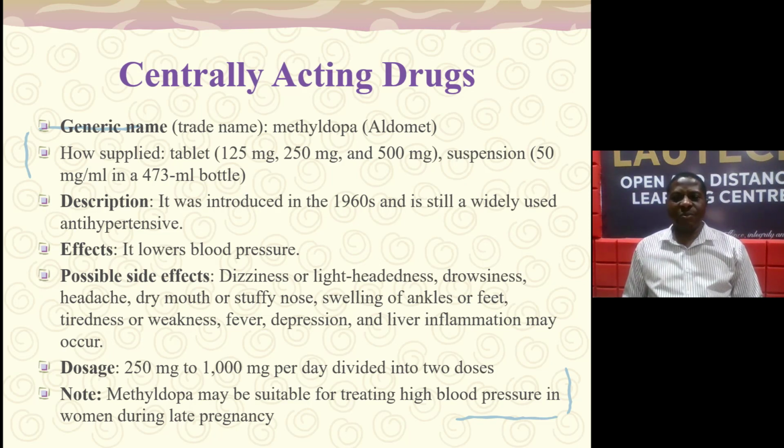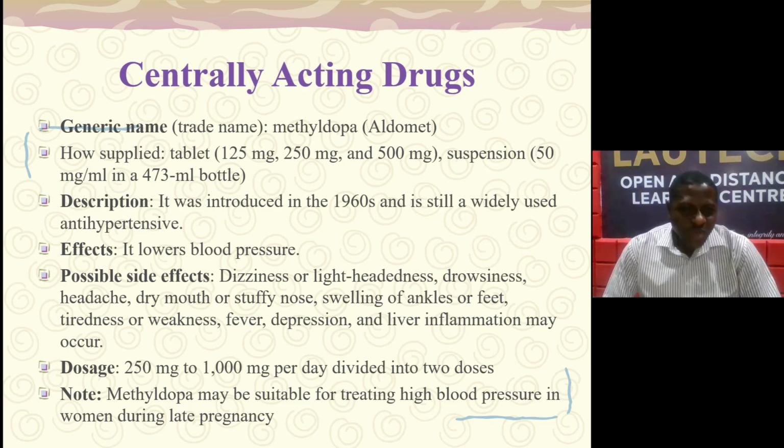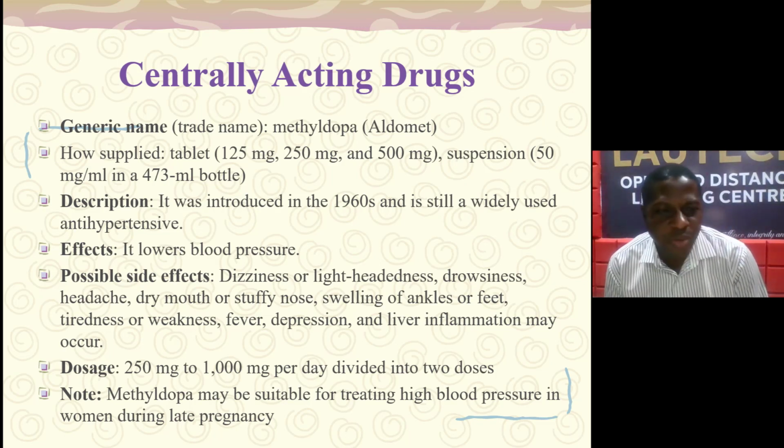It can also be supplied as a suspension, 50 milligram per ml, in a 473 ml bottle. Now, the description: it was introduced in the 1960s and it's still a widely used antihypertensive. It's still being used now. The effect is that it lowers blood pressure.